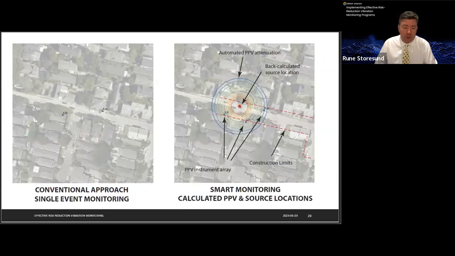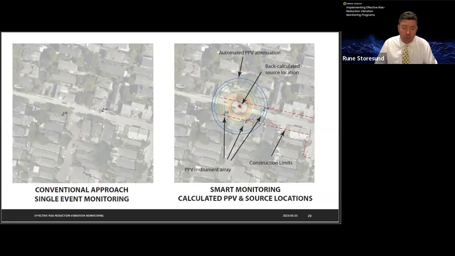Instead, our vision is to deploy a network of these sensors so we're able to back calculate the source location as well as the source magnitude of the construction vibration. From this, site-specific attenuation factors can be back calculated and a PPV distribution plot automatically generated that shows the spatial distribution of PPV magnitudes radiating out from the source location.